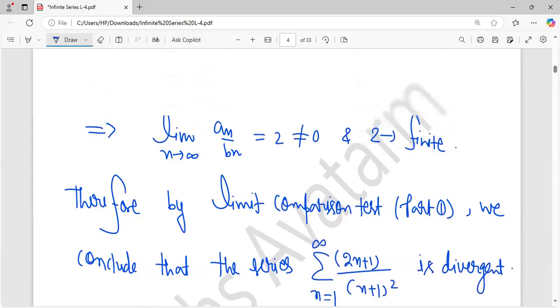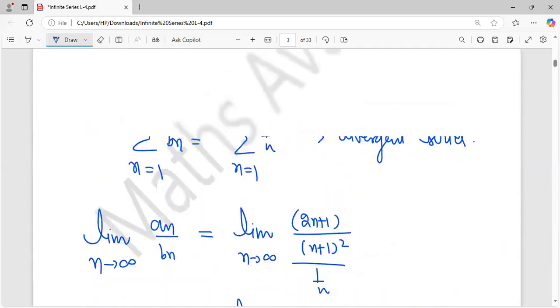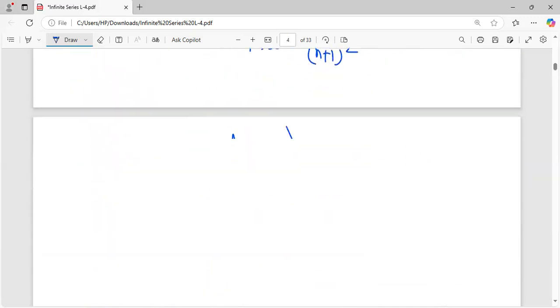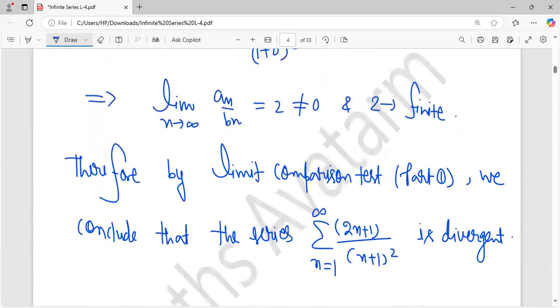The given series is divergent. Okay. Now we come to the next example.